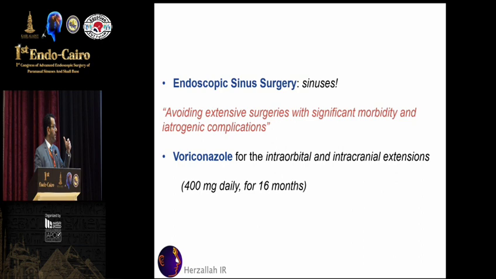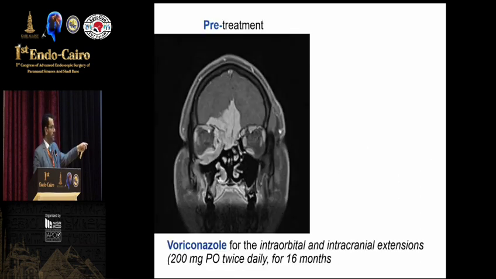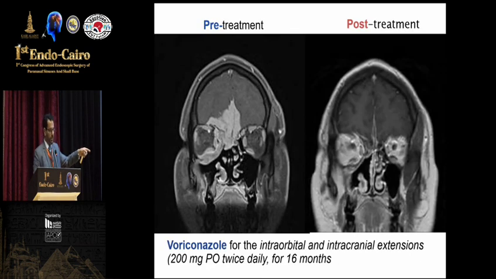By avoiding the extensive intracranial approach that's going to cause significant morbidity and mortality, and then taking care of the sinonasal part, and then putting the patient on voriconazole for 1.5 years. Again, remember the duration, almost 1.5 years. This is the patient pre-treatment, this is the patient post-treatment. And it's not magic, it's true.